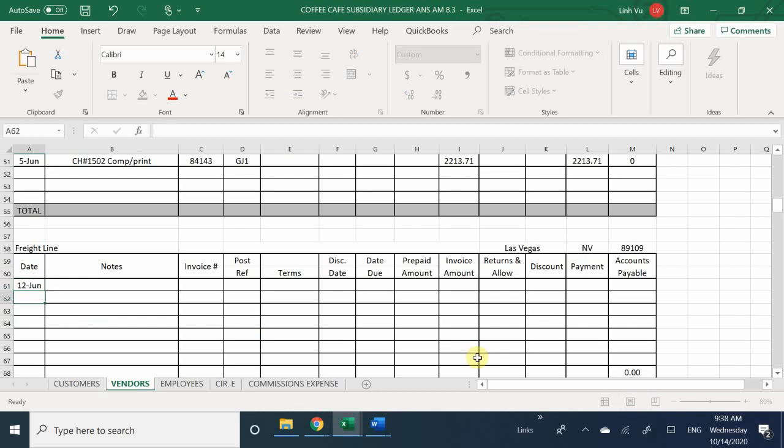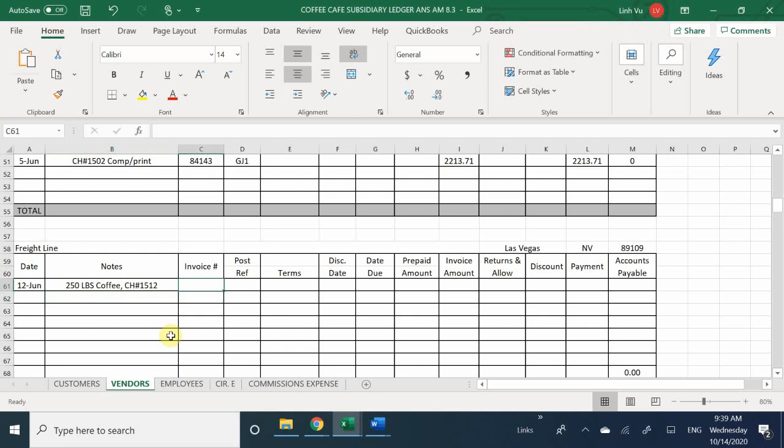I'm going to write that we received it on June 12th, and in my description, I'm just going to write 250 pounds coffee. I'm also going to indicate here that I wrote check 1512. So I made the payment, and this is my notes.